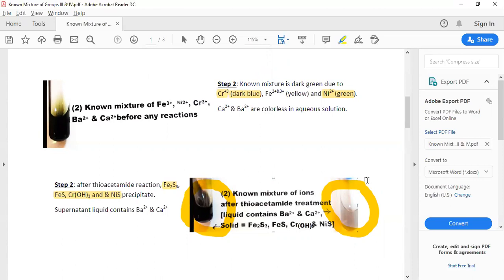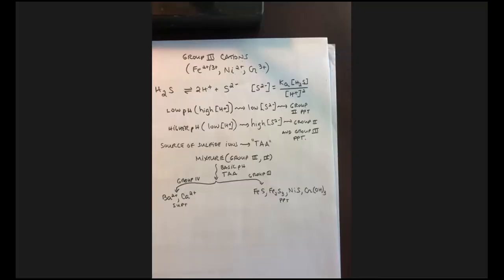So what I want to do first is let's discuss what we're going to do with the group 4, the barium and calcium ions. I'm sorry, I said chromium. All right, we're going to start with that first.